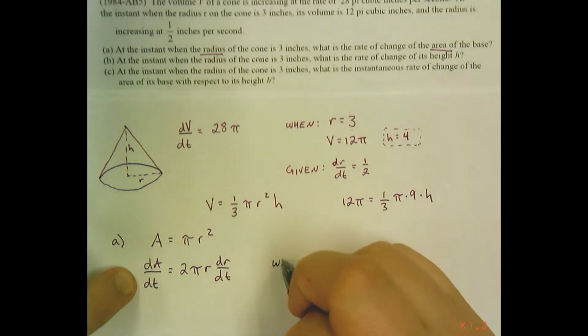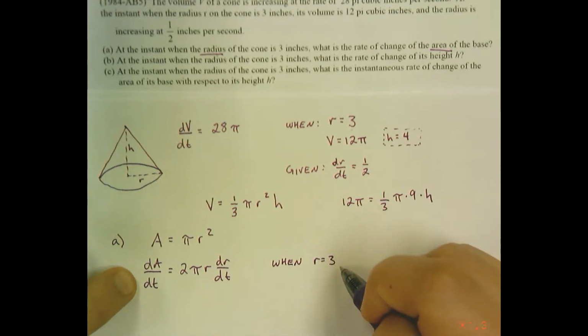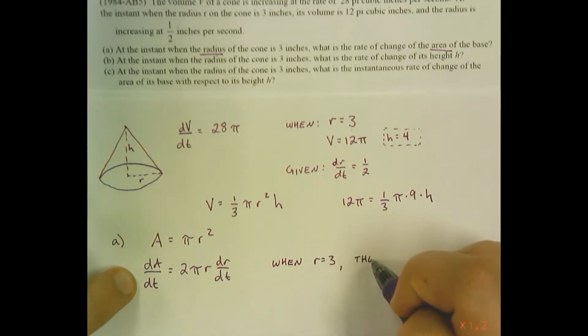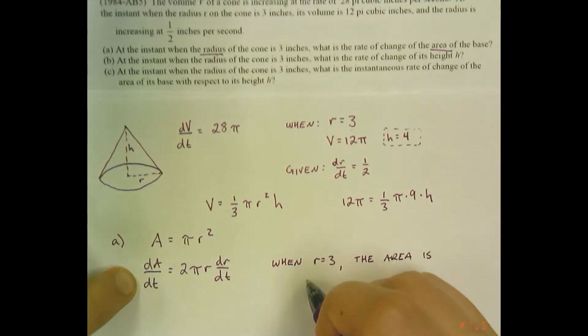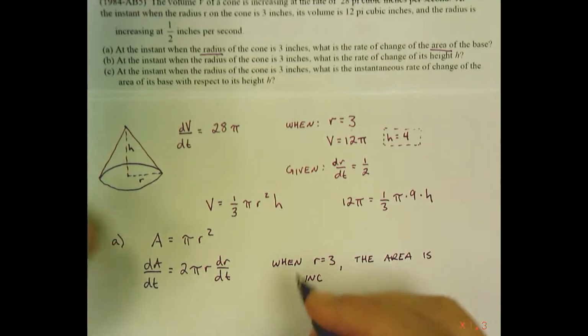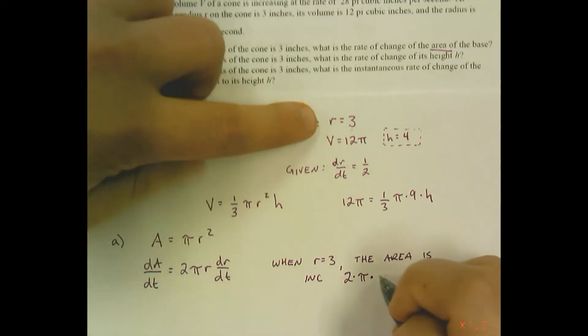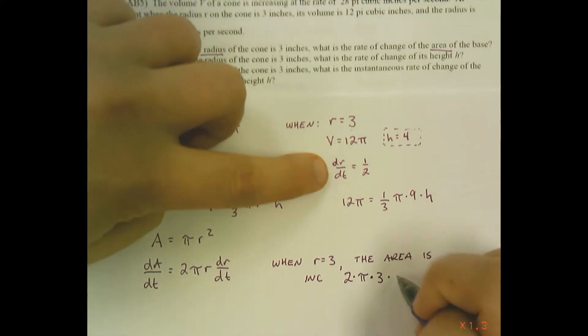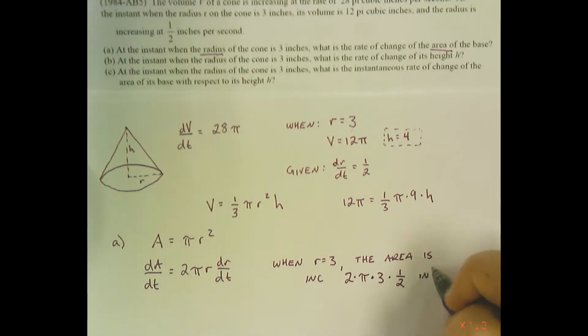So when r equals 3, the area is increasing. If we stick in the numbers, we get 2 times pi times a radius of 3 times a rate of change of radius of 1/2 inches squared per second.